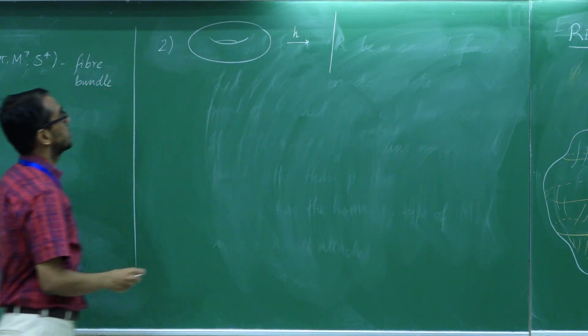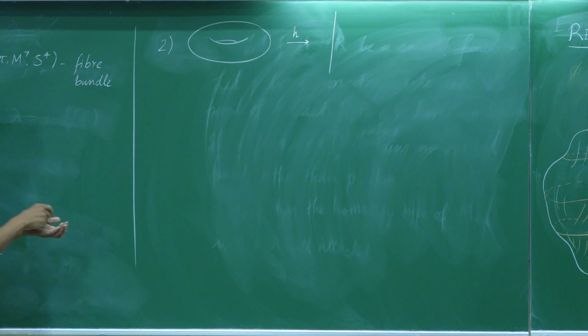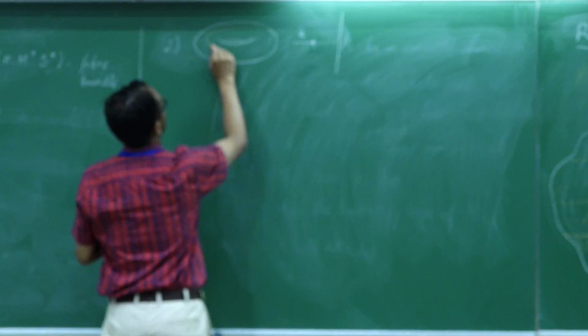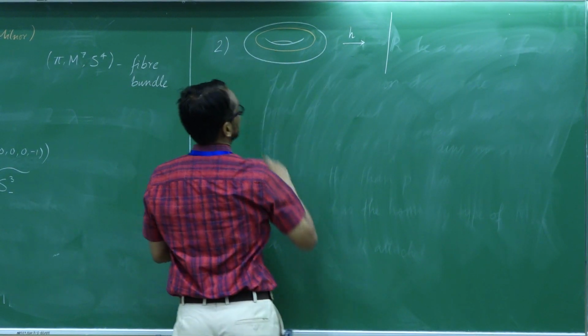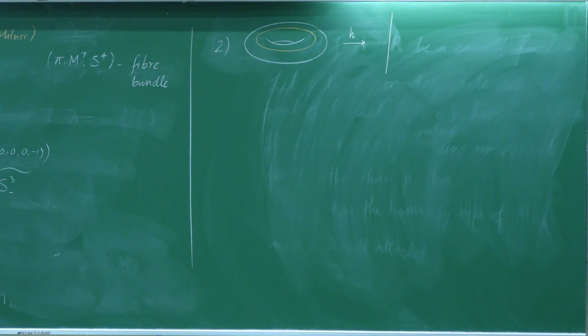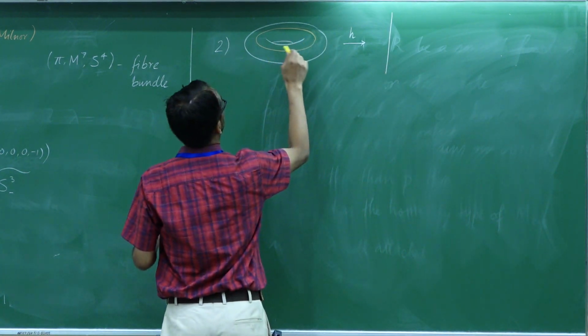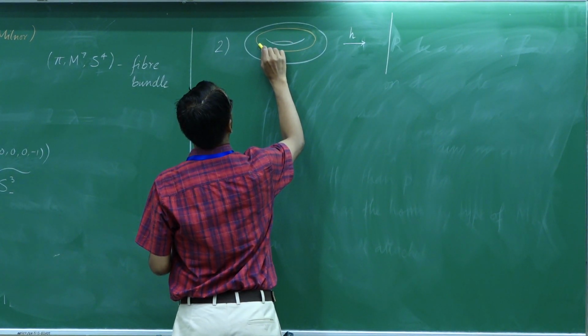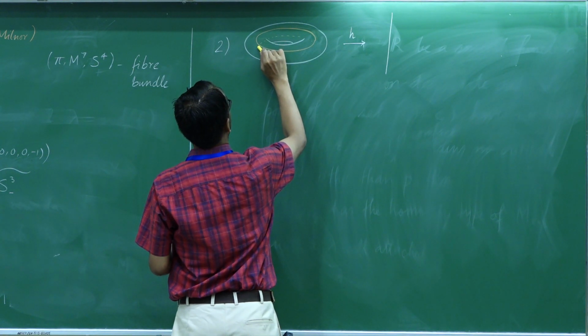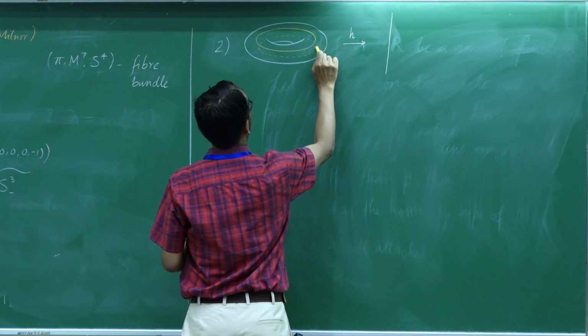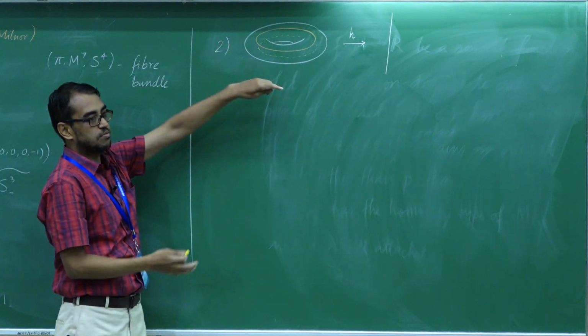Again, the height function on the torus. This we saw had two critical submanifolds, right? There was one at the top, and one at the bottom. So it's just the torus kept on the floor. So this yellow thing is supposed to be at the bottom.